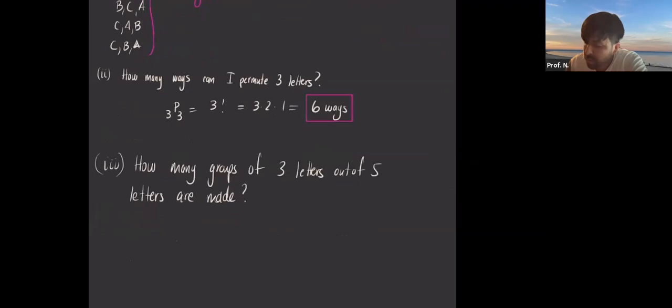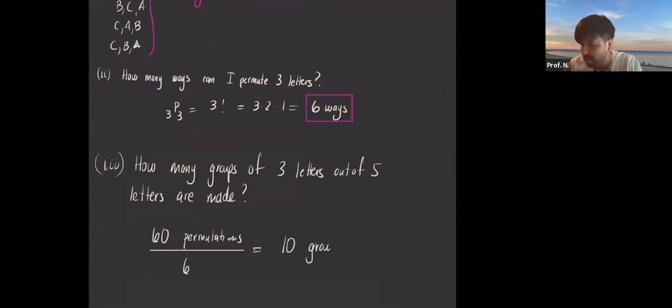And then we say, well, there's 60 permutations, and we divide it by 6 permutations of those groups. And this gives us 10. There's 10 groups.